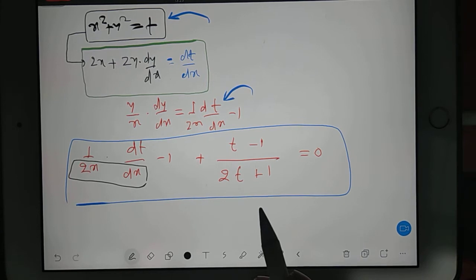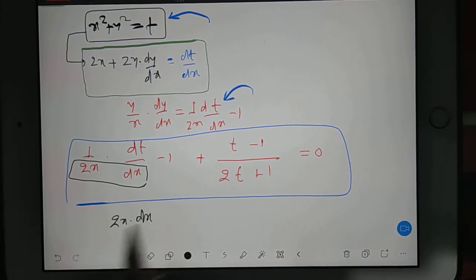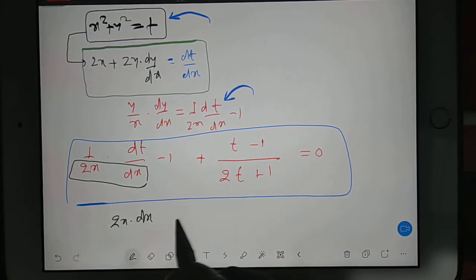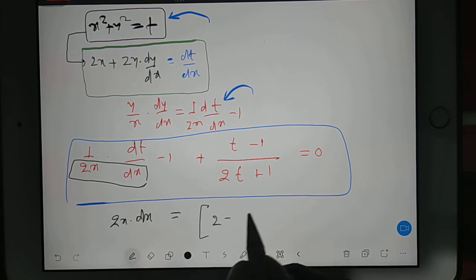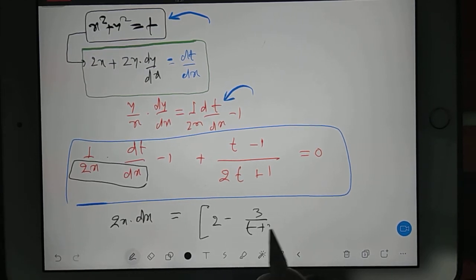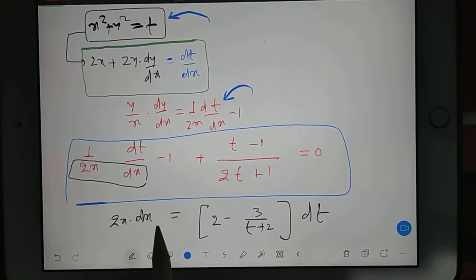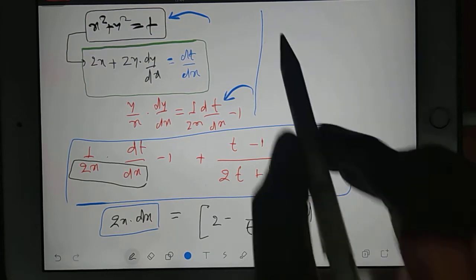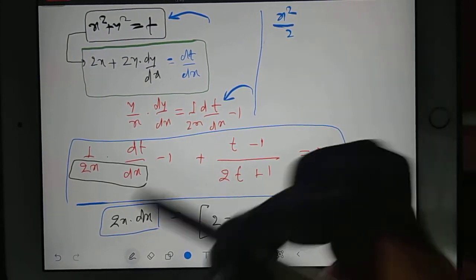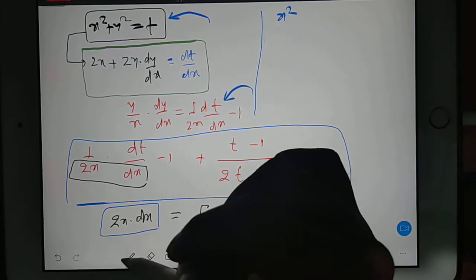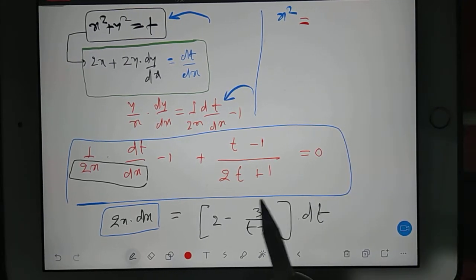So how can we achieve that? When you make the change, it will look like 2x dx. After that it will look like 2 minus 3 by t plus 2 into dt. So this will be x square by 2. So the 2 and 2 will get cancelled, so let it be x square, and in the right side you can see this portion.